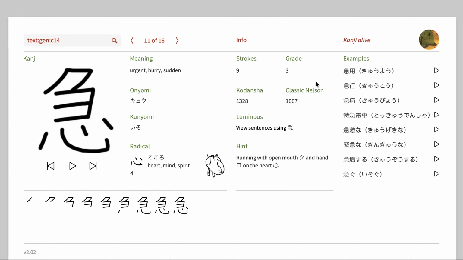Okay. For examples, we have kyuyo, which is urgent business or an urgent matter. Kyuko is a kind of train, an express train. Kyubyo, to be struck by a sudden illness. Tokkyu densha is a special express train or rapid express train.